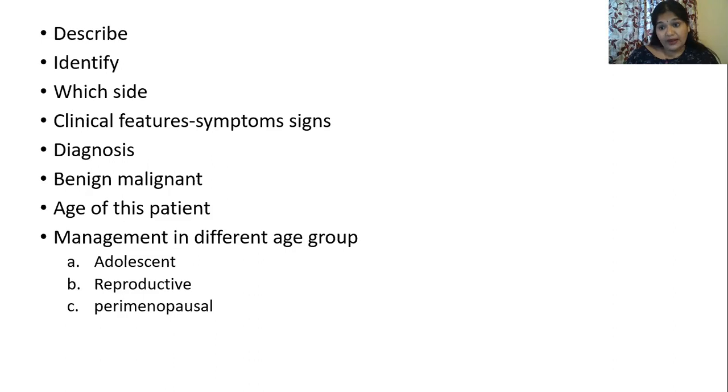Now, provided you're very sure that it is a benign cyst, and it is not having any other symptoms. Like if the patient has associated symptoms like hirsutism, acne, then you must think about androgen secreting tumors.